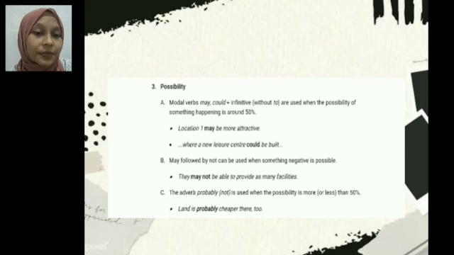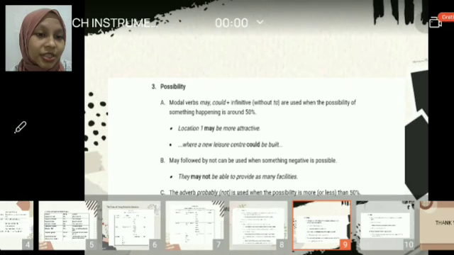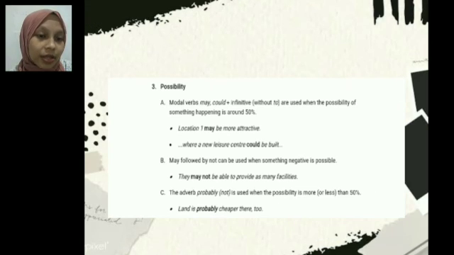May followed by not can be used when something negative is possible. The example is they may not be able to provide as many facilities. The adverb probably not is used when the possibility is more or less than 50%. The example is land is probably cheaper there too.